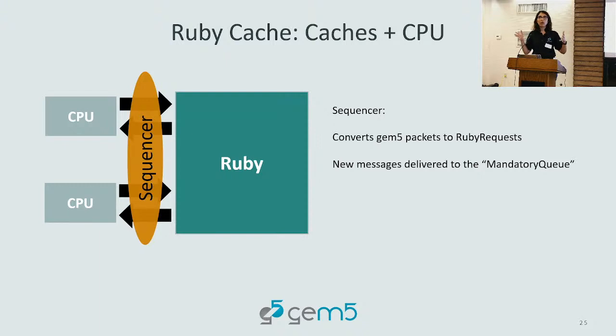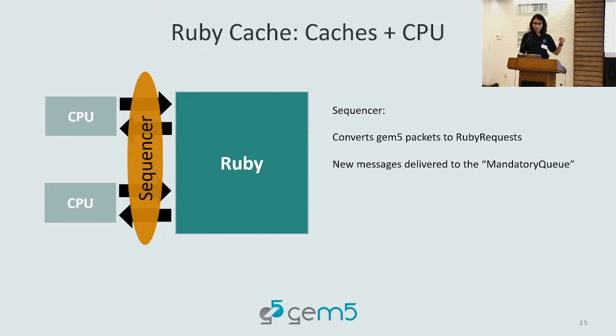Now, how can we connect this Ruby to your CPUs or your memory controller and so on? It's a bit different than the classic cache when you want to connect to a CPU, because your Ruby system takes Ruby requests and not the classic requests that your CPU sends. So we use a sequencer here. What the sequencer does is convert gem5 packets into Ruby packets and send them to Ruby.